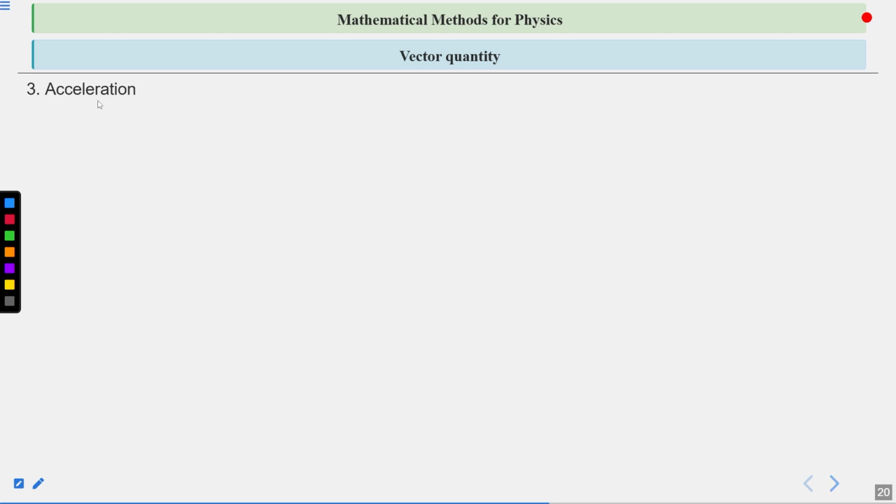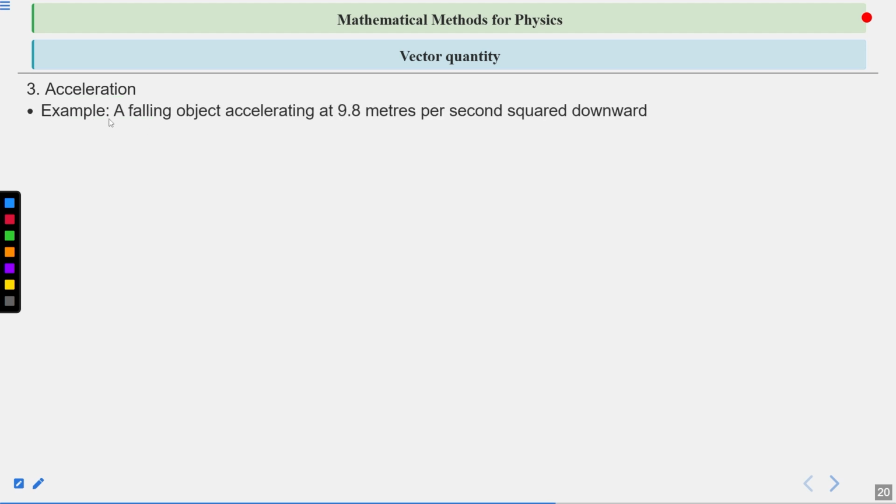Third is acceleration. Example, a falling object accelerating at 9.8 meters per second squared downward. So acceleration due to gravity is represented by small g, which acts vertically downward. The numerical value is 9.8 meters per second squared.